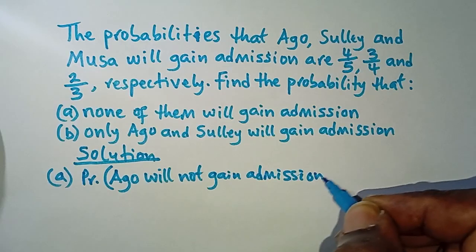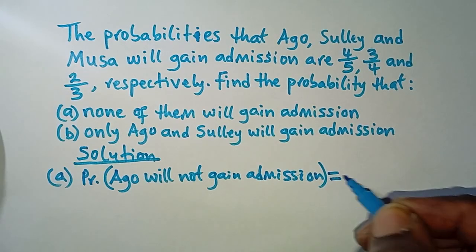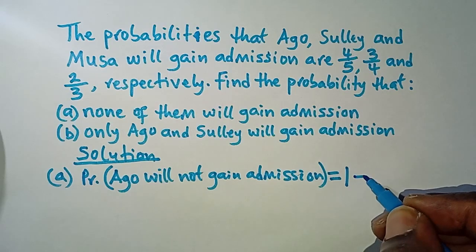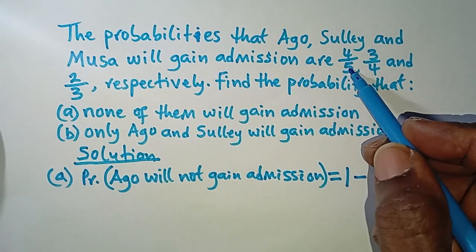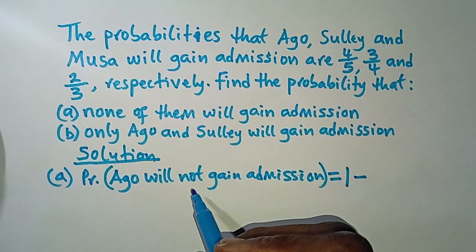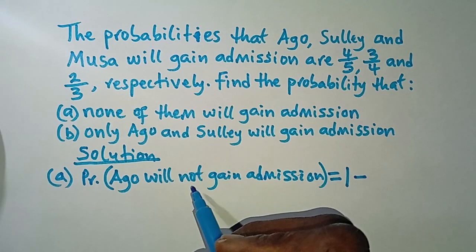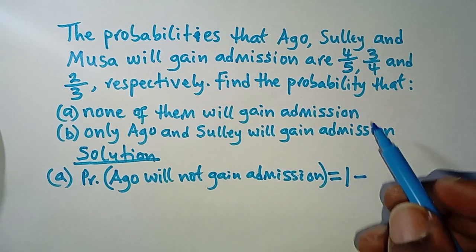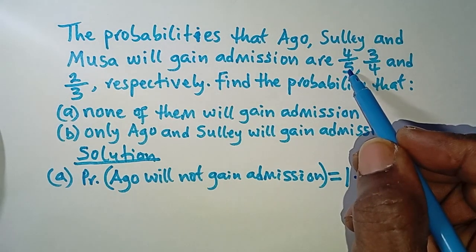The probability that Ago will not gain admission will be given by one whole number minus the probability that he will gain admission. So don't forget, the probability that Ago will not gain admission is simply one whole number minus the probability that he will gain.